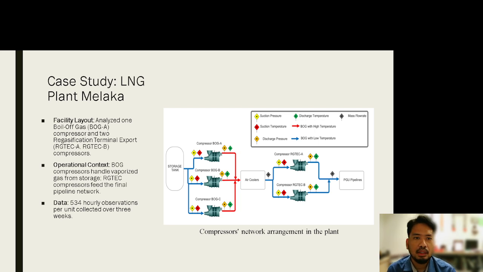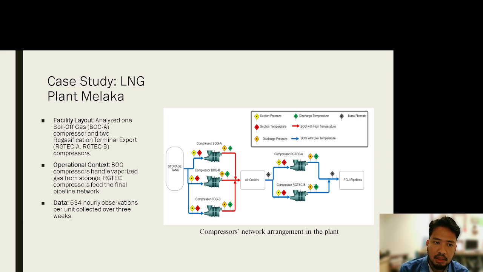So our case study is a liquefied natural gas terminal in Melaka, Sungai Udang. The facility layout consists of multiple compressors. We have compressors that are handling the vaporized gas from storage, and we have compressors that are handling the final feed to the pipeline network.